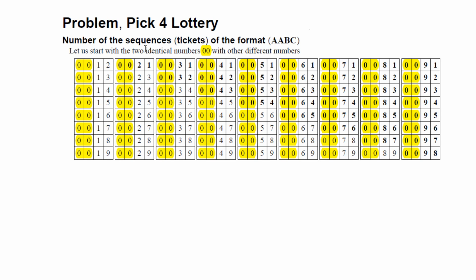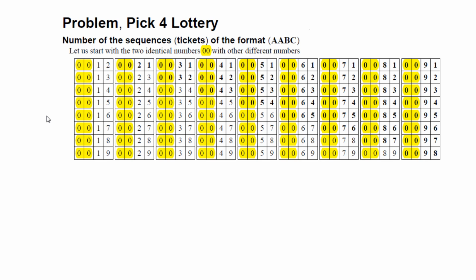So let's start now with 2 identical numbers such as 00. So we have here in the first table 00 with 1, and then 00 with 2, and 00 with 3, and we keep doing that until the last table.